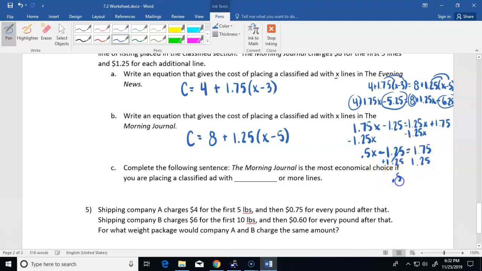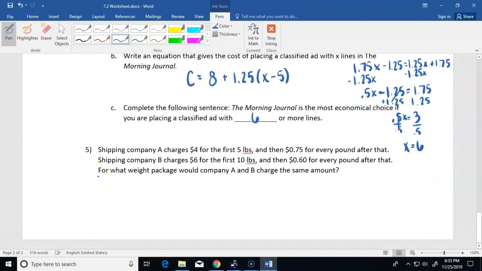So 0.5x equals 3. We're going to divide by 0.5 on both sides, and 3 divided by 0.5 is going to give us 6. So the Morning Journal has a lower charge per extra line. If you need 6 or more lines, the Morning Journal is going to be cheaper.